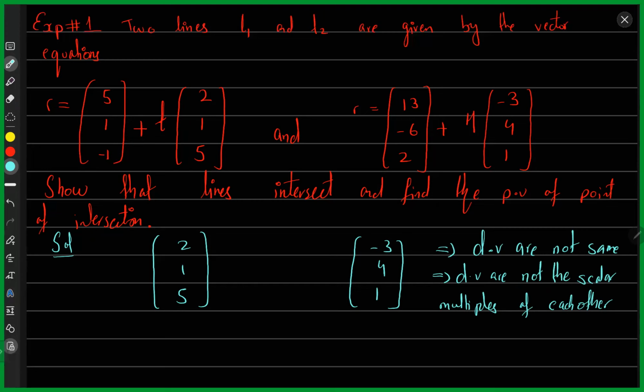This means that the lines are not coincident, and they are not parallel. So either the lines would intersect or the lines are skew, because skew was the case where the lines were not intersecting, not coincident, and not parallel. Okay, so this is what we need to find: either the lines are skew or they would be intersecting. This is basically background about the story.